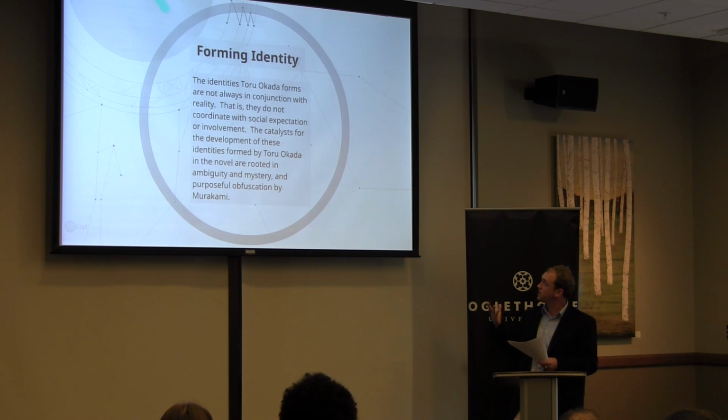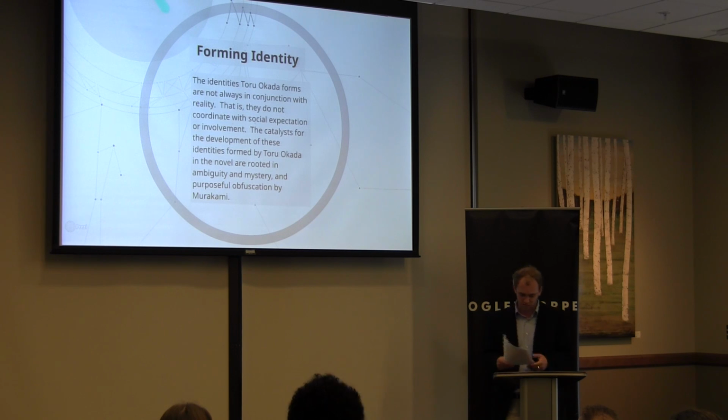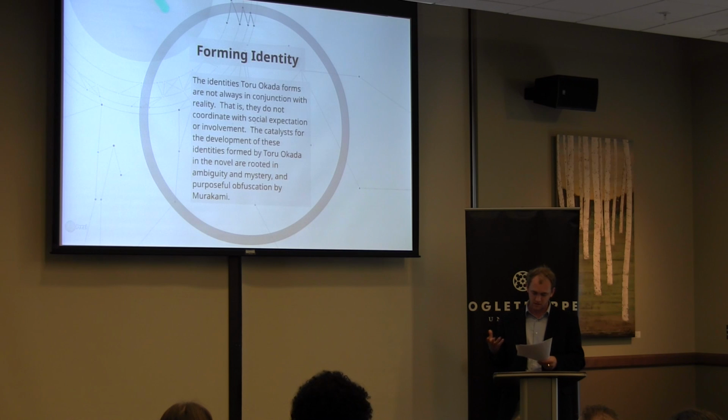The catalysts for the development of these identities formed by Toru are rooted in ambiguity and mystery, and purposeful obfuscation by Murakami. So in rooting these formations of identity in unreality, Murakami is also able to do something many critics say he is doing in his novel, showing that life in contemporary Japan is extremely complicated.